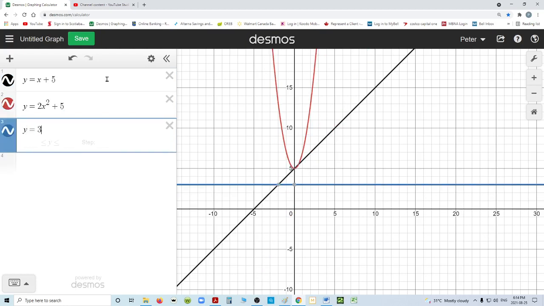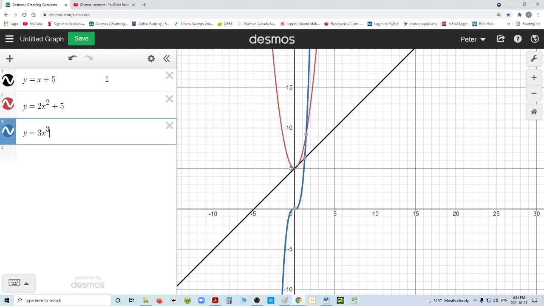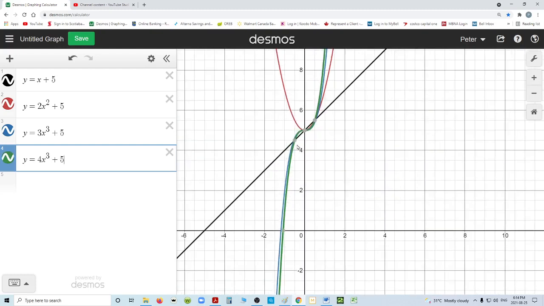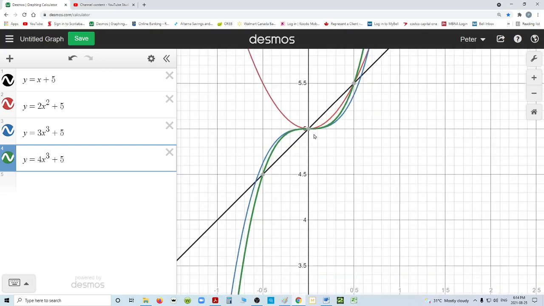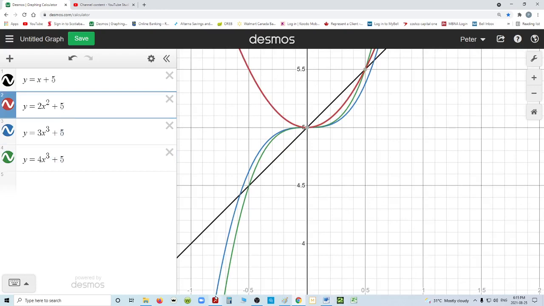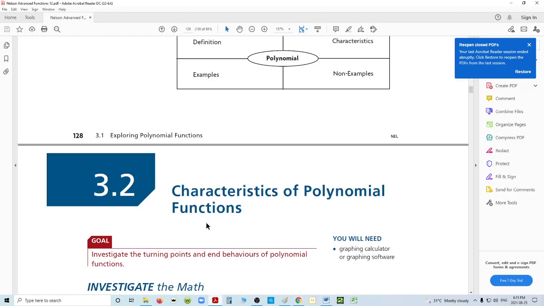Here's a cubic, so long as I have plus 5. Here's a quadratic, plus 5. And I could come up with a million of them. But notice they all share the y-intercept. Notice their commonality. There you go.